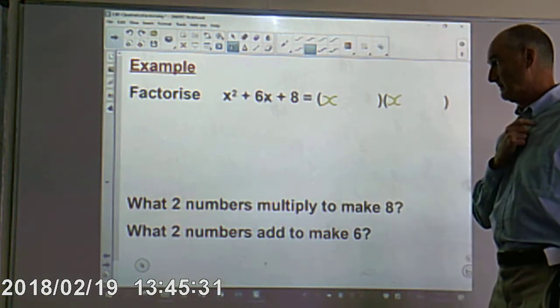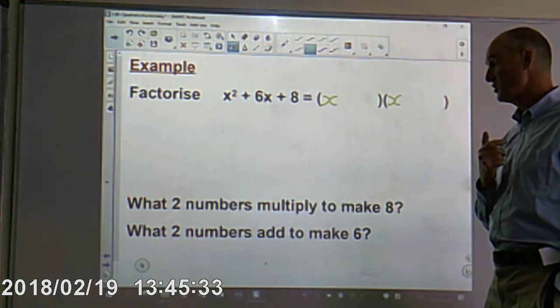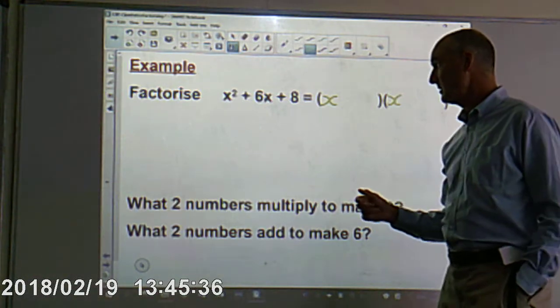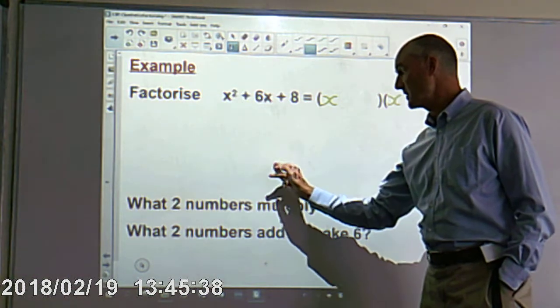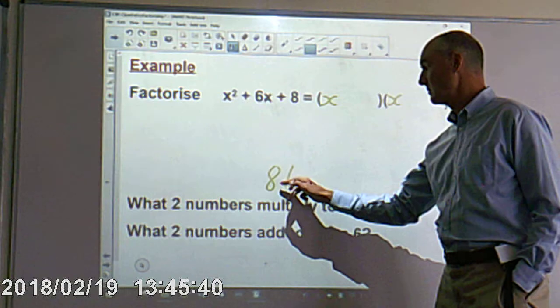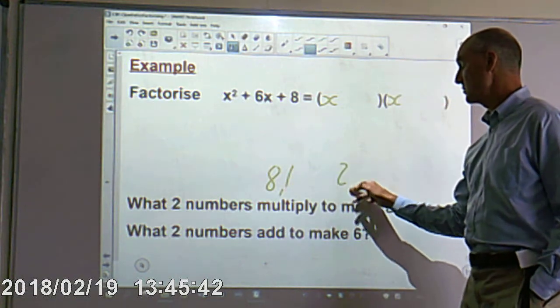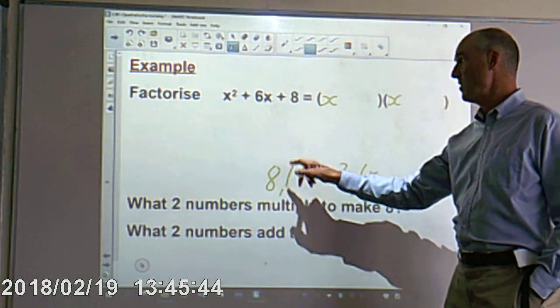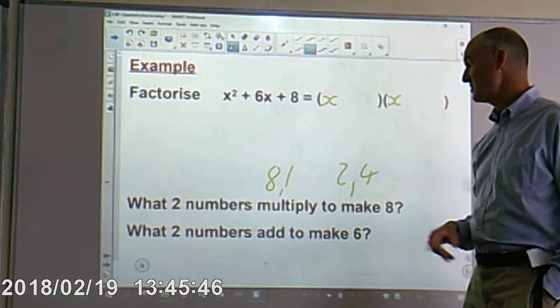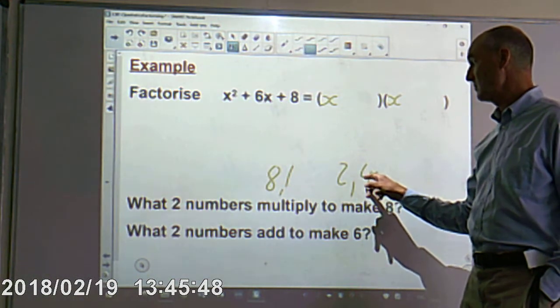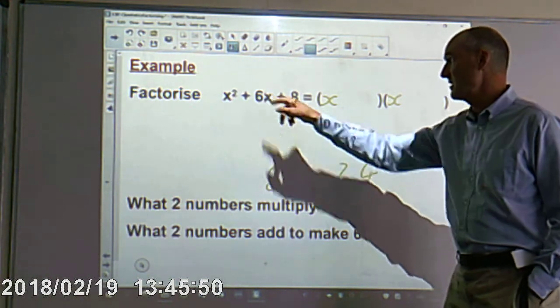Now we've got options here. To multiply to make 8, it could be 8 and 1, or it could be 2 and 4. 8 and 1 don't add to make 6. 2 and 4 multiply to make 8 and they add to make 6.